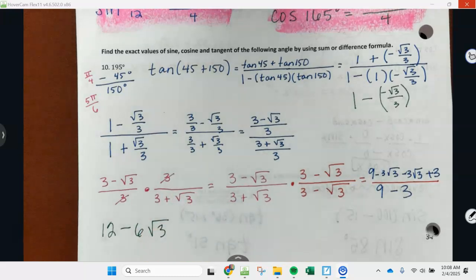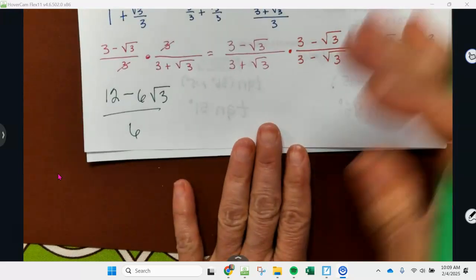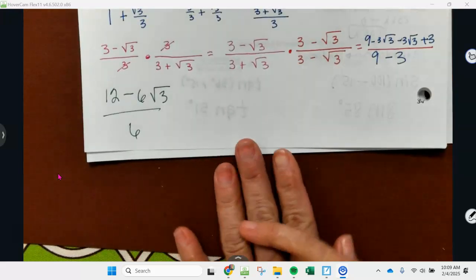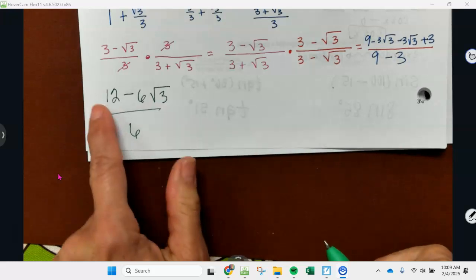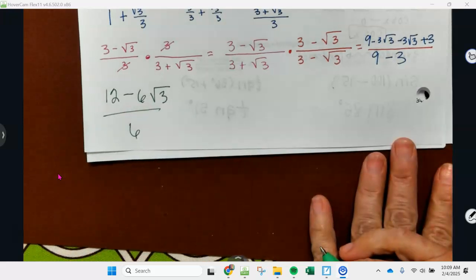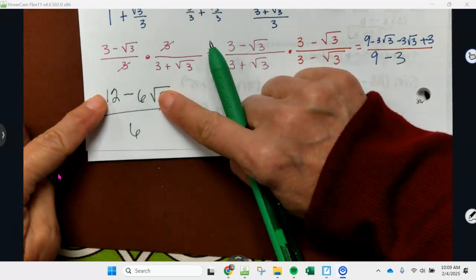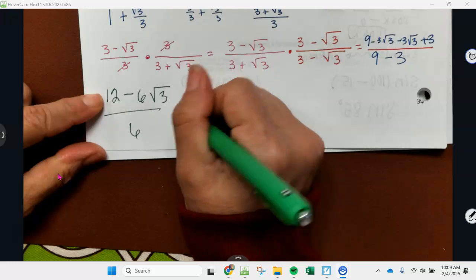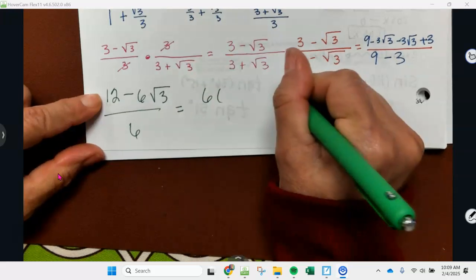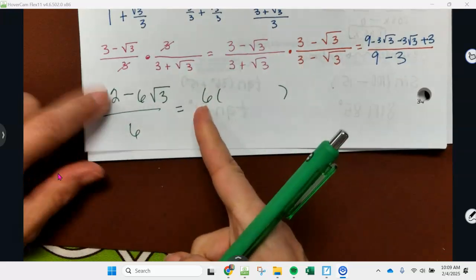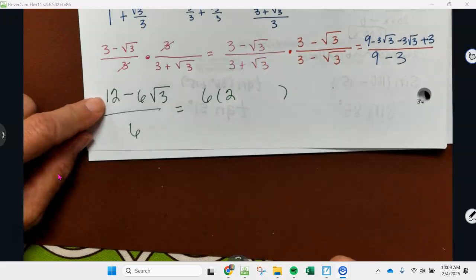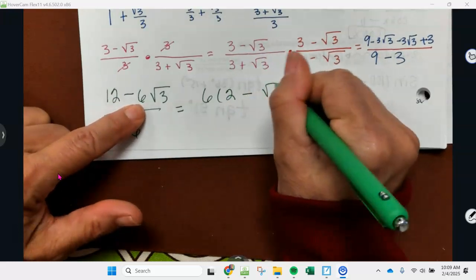And what does the bottom turn into? Yes. And I am so happy. I'm so happy that it's a 6 because that means I get to keep going. So if you look at the top, there's a 12 minus 6 root 3. I can factor out a 6 out of the top. All right, so if I take a 6 out of 12, that's going to be 2. If I take a 6 out of that, that all goes away. That's going to be root 3.